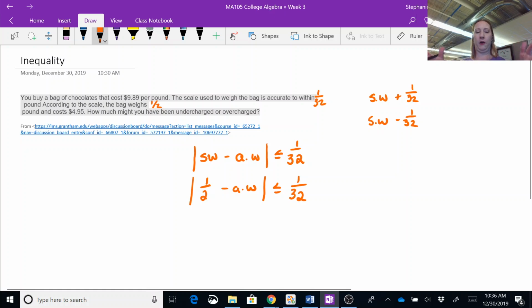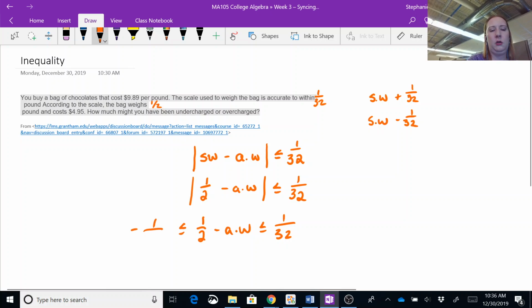When you have the absolute value and it's a less than or equal to, you can create a compound inequality. The difference between the actual weight and the scale weight is either a positive 1/32 or a negative 1/32. So now I have this compound inequality that I'm going to solve.